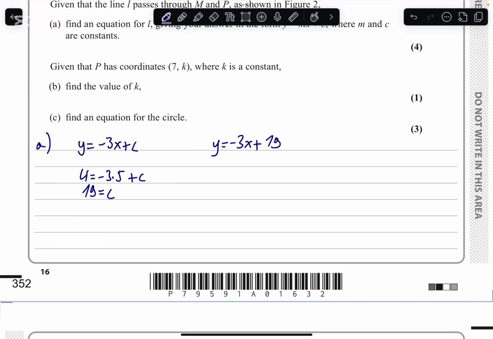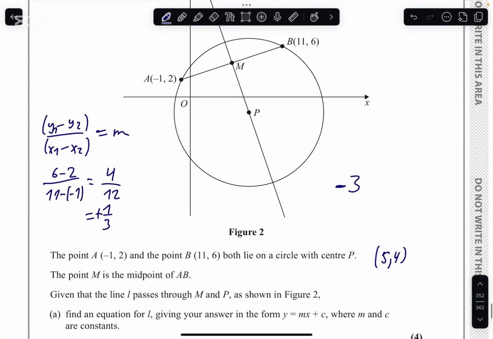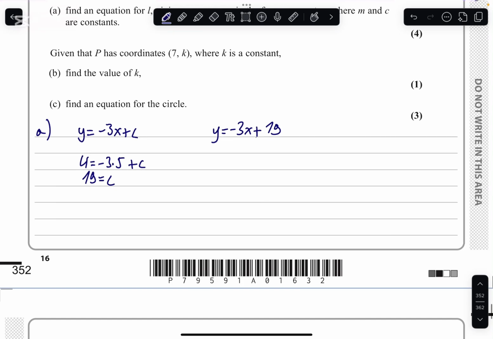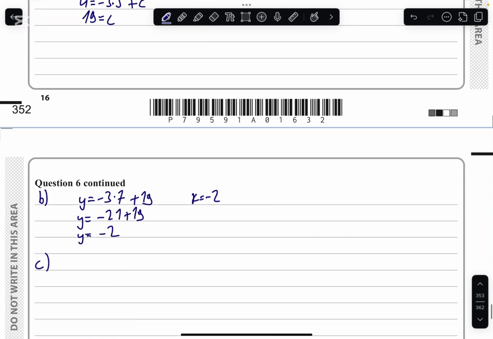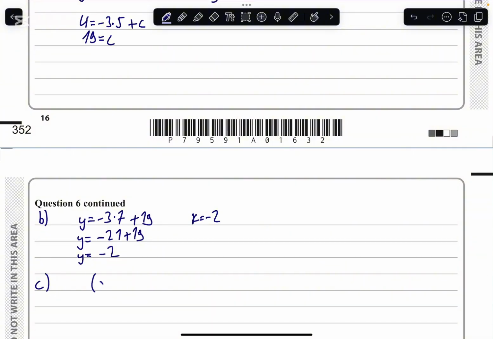In part C, we need to find an equation for the circle. Since we know the center, which we found to be (7, -2), the equation of a circle goes (x minus the x coordinate of the center, a) squared plus (y minus the y value of the center, b) squared equals the radius squared.